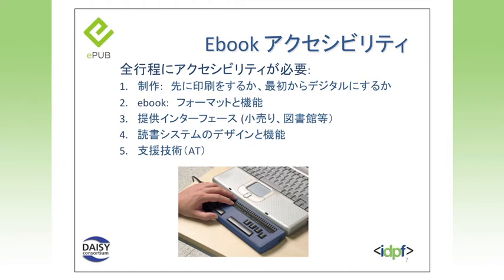The ebook format itself, number 2, which I will talk about more in detail. The distribution interfaces, the library interfaces or retail interfaces needs to be accessible. The reading system, which you consume the content, must also support accessibility. And finally, of course, the assistive technology that is used, if any, must be properly configured to recognize the ebook format.